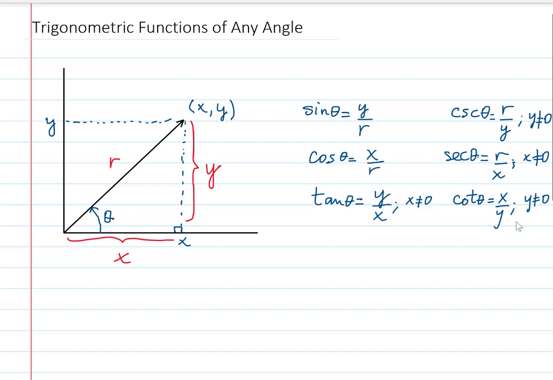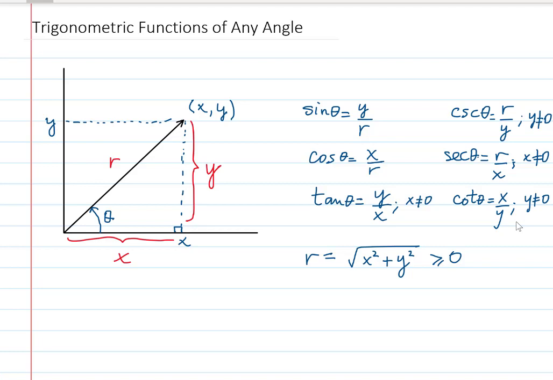So how are we going to find r? For us, r is equal to the square root of x squared plus y squared, and this would always be greater than 0. Technically it's greater than or equal to 0, but the only way it would be 0 is if you're right at the origin, and then you don't have an angle, or you don't have a ray. Because we're talking about length here, this ray will always have to be positive.